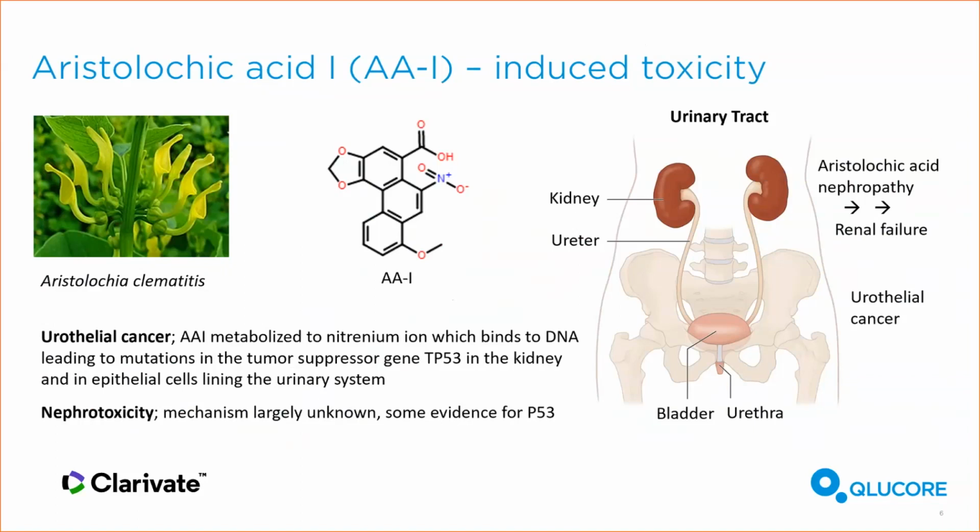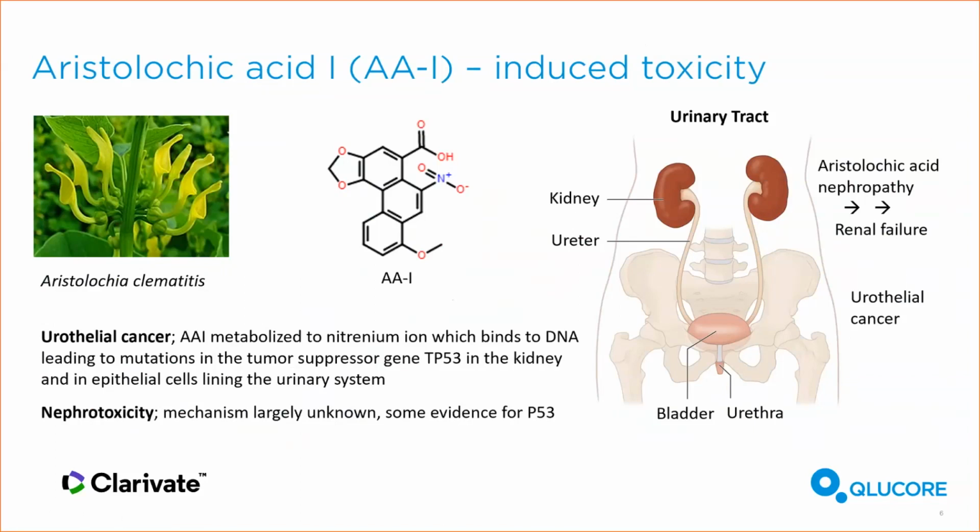The toxic effect is cumulative, it's chronic, and it remains with you through your lifetime. And you can see here on the right-hand side this illustration showing that the Aristolochia induces nephropathy, which can lead to renal failure. And it also induces renal cell carcinoma and urothelial cancer.